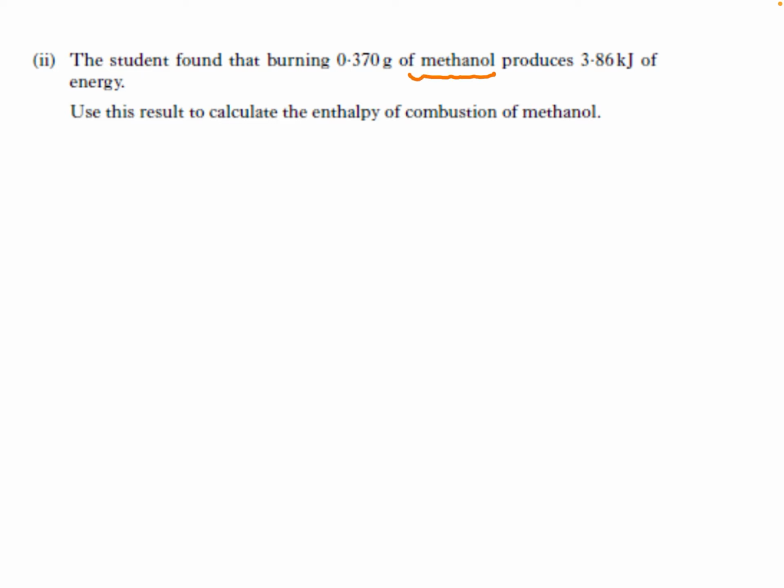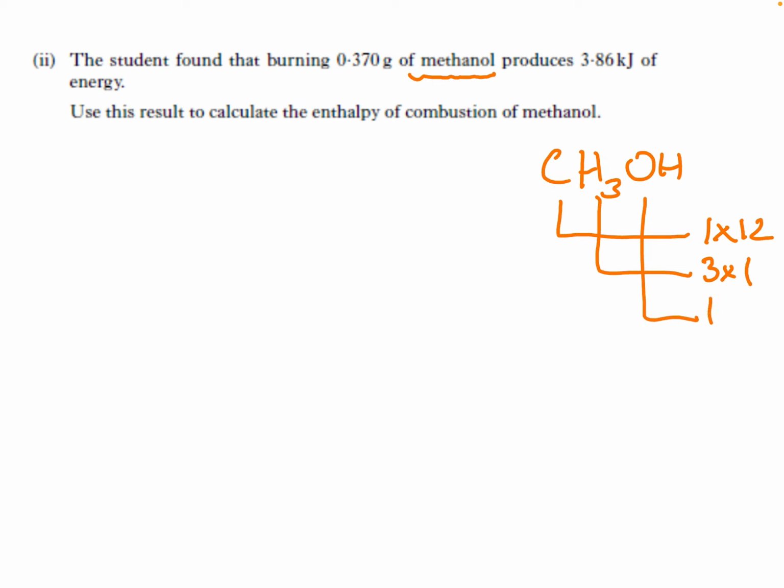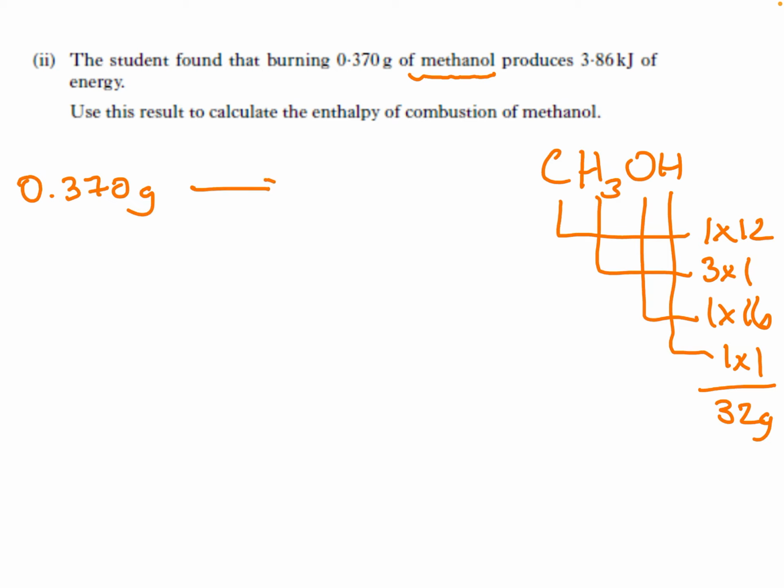It's obviously talking about methanol, which is CH3OH, and we know that's got 1 times 12 grams, 3 times 1, 1 times 16, and 1 times 1. So that all adds up to 32 grams. So let's do the proportion. They already know that 0.370 grams would produce 3.86 kilojoules.